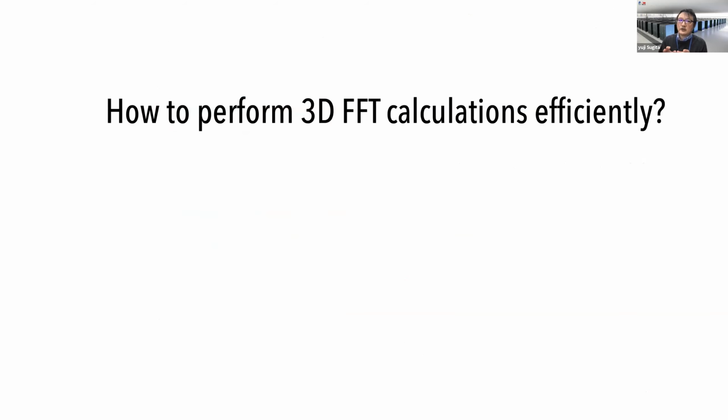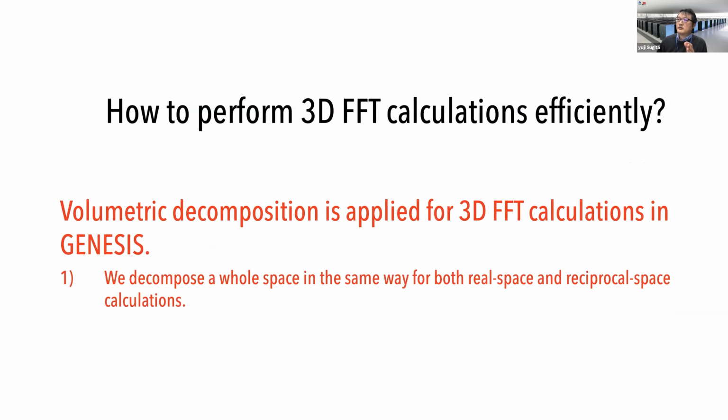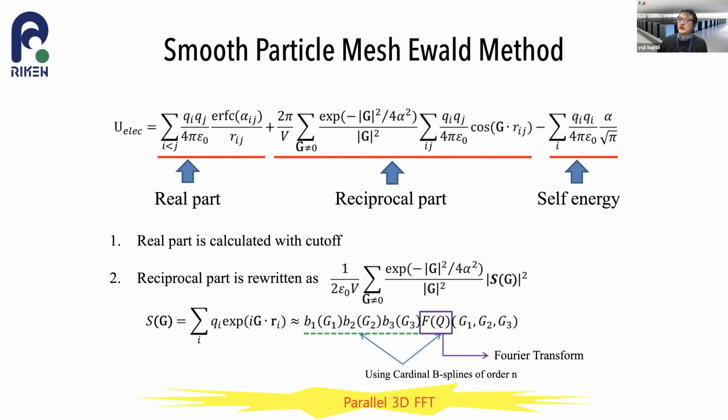And the third computational trick we introduced is efficient three-dimensional FFT calculation. That is quite important in MD simulation because, as I mentioned, we need real space calculation, reciprocal space calculation and self-energy. Self-energy is actually constant, and you don't care. So the problem often results from this reciprocal part because you have to compute the 3D FFT.